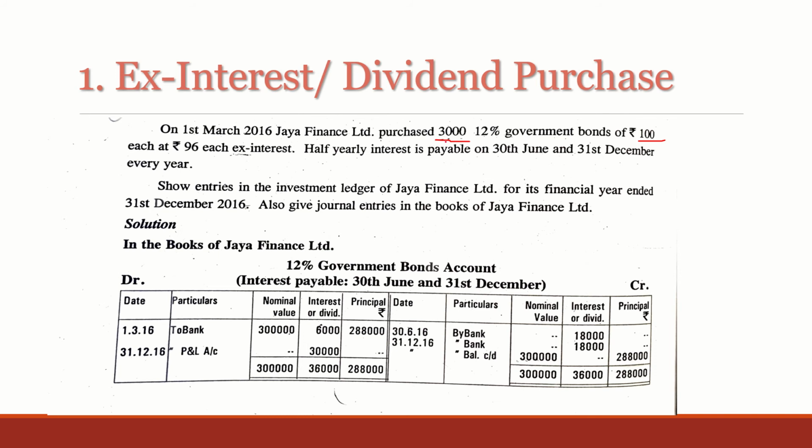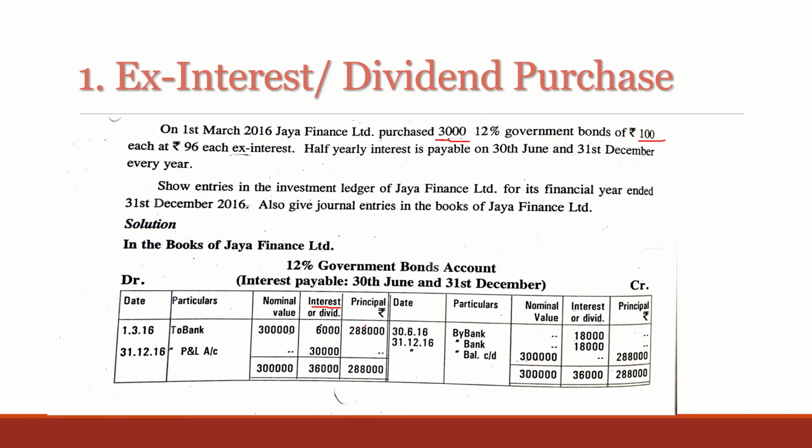In the case of ex interest purchase or ex interest sales, we do not deduct the accrued interest from the principal value at the time of recording it in the investment account. That is the major difference.